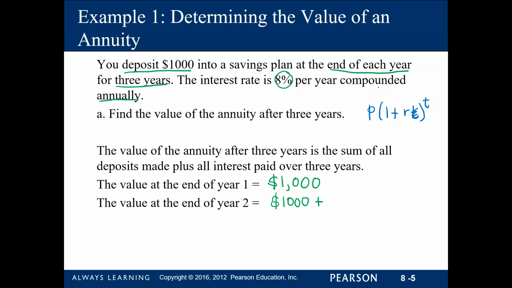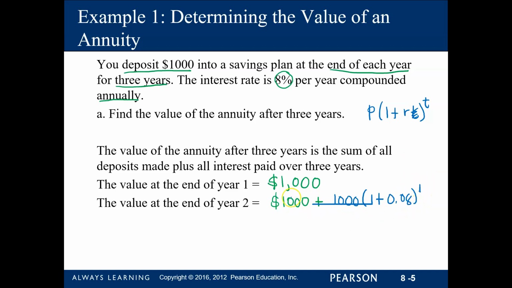And so you would see that our P is 1,000. This was the deposit from last year. Okay. And then we have 1 plus the R, which is 0.08. And then our T is after 1 year, so that is 1. Okay.